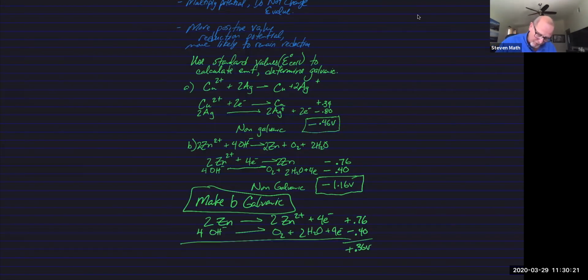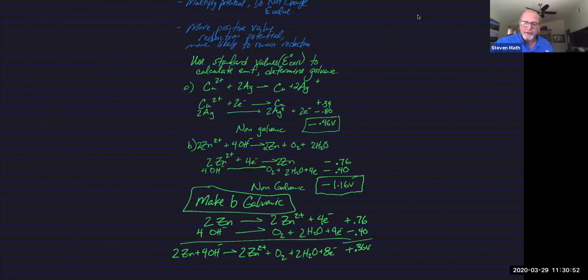My overall equation is going to look like 2 Zn plus 4 OH- makes 2 Zn2+ plus O2 plus 2 H2O plus 8 electrons.